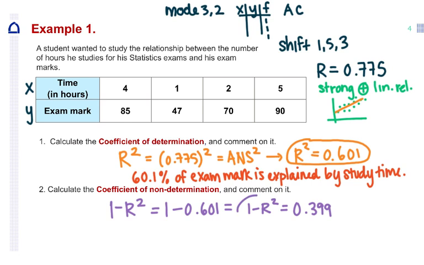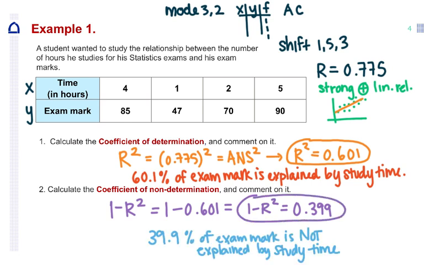All right, and if we wanted to comment on it, we could write the sentence that 39.9% of the exam mark, of the y, cannot be explained by the study time alone. There must be other things that also affected the exam mark.